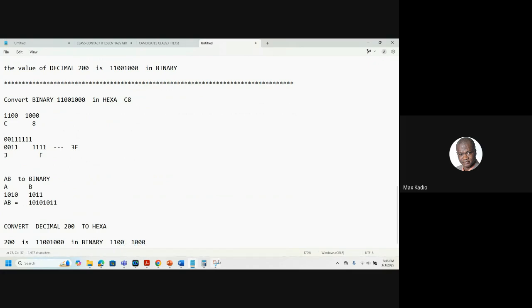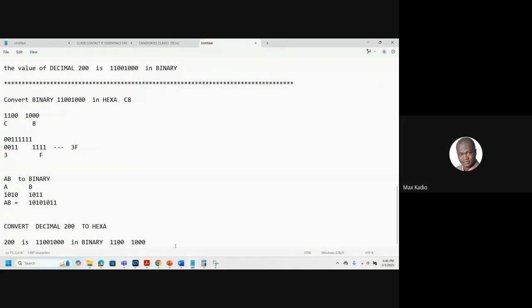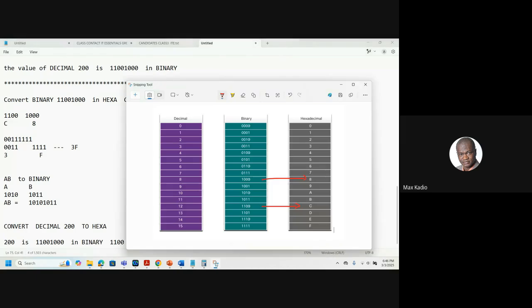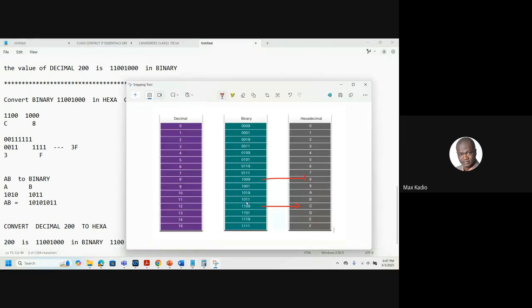And you go to your table again. 1100 is what? 1100 is C. You put your C. And 1000 is what? 1000 is 8. You put 8. So decimal 200, the value in hexadecimal is C8. So any conversions you need to do, you must always go via the binary.